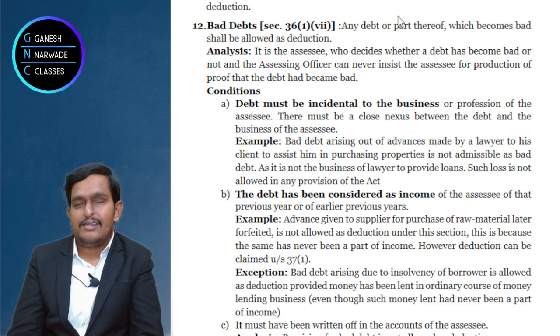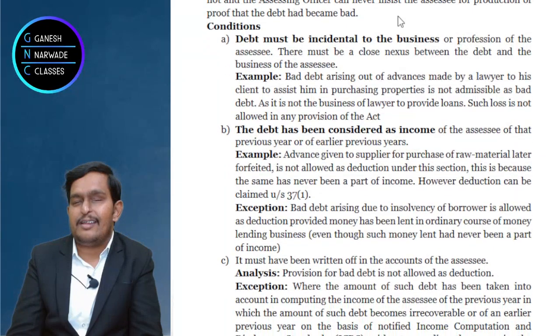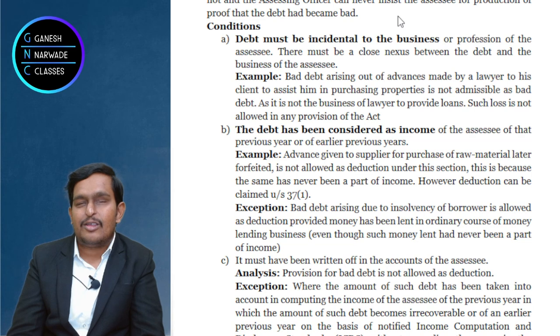Second condition, did you consider or treat it as income? When you give the goods on credit, we call it credit sales, correct? So credit sales is an income or not? We will write the entry of credit sales, correct? Debtor account debit to sales. So it is considered as income in your accounting books.